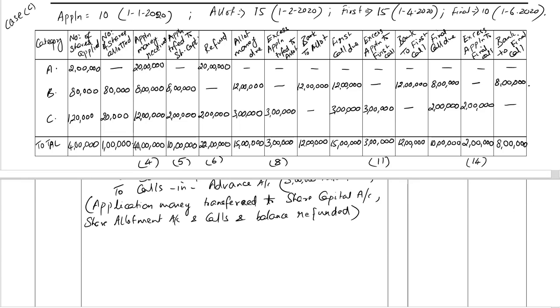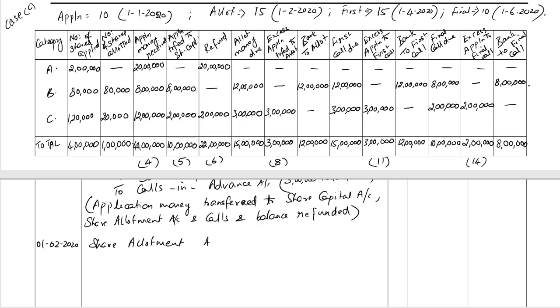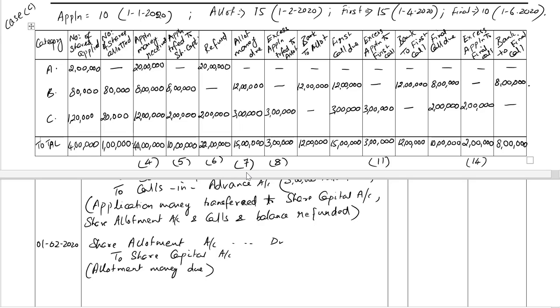Next, let's make the allotment money due. Same date, 1st February 2020. Share allotment account debit to share capital account for the allotment money due. The allotment money due is the total of the 7th column, and that is 15 lakh rupees.